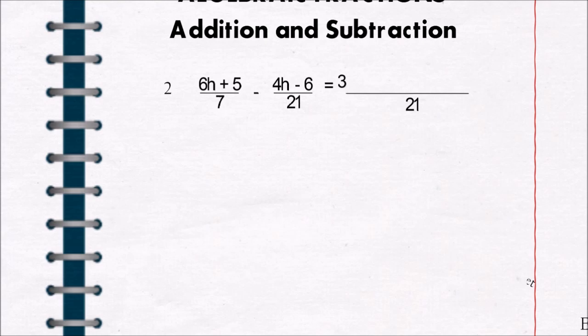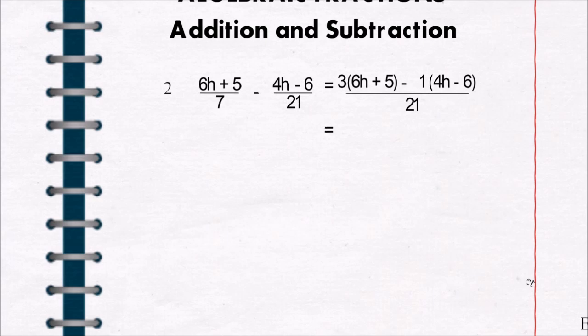So we use 3 to multiply the numerator. That will be 3, open bracket, 6h plus 5, close bracket, minus, then when we divide 21 by 21, we have 1. So we'll multiply the numerator on the other side with 1. Okay, so we have 1, open bracket, 4h minus 6, close bracket.